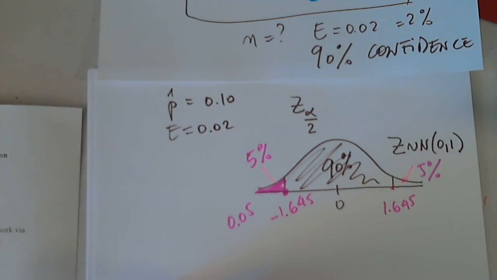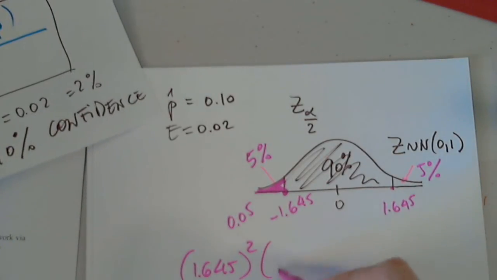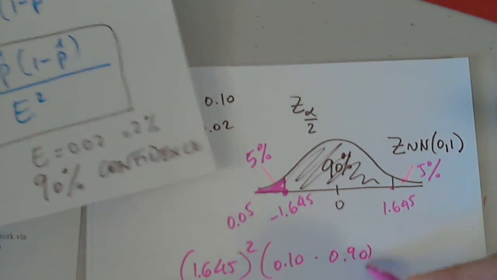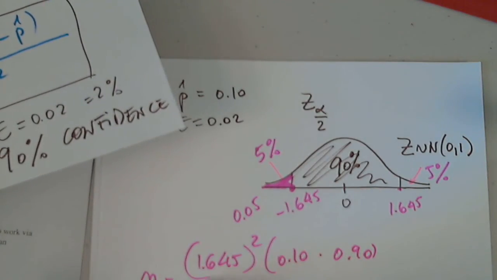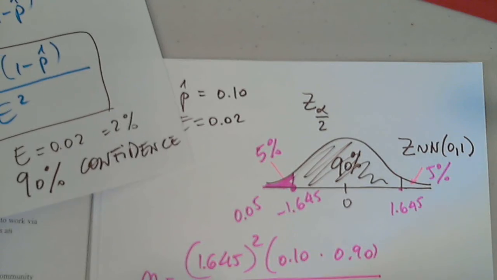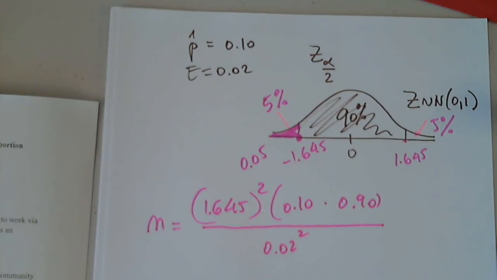So the sample size will be Z alpha over 2 squared, 1.645 squared, times our p hat, 0.10 times 0.90, because 1 minus 0.1 will be 0.9, and everything divided by the error squared, 0.02 squared. Okay, ready? Let's put it in the calculator. Be very careful.